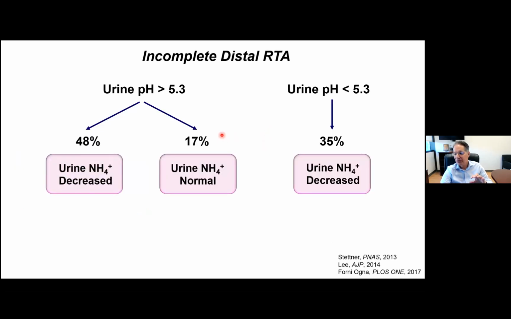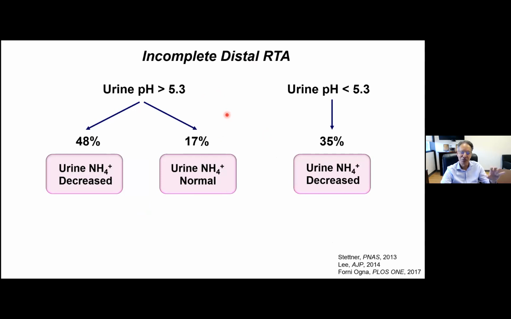Now it's known that we can divide these patients up further in a more complex way. So when you think of incomplete distal RTA, which again are patients with normal acid-base status, remember, you're not exonerating their collecting duct acidification processes. They still may have an abnormality, and the only way you can see that is to stress the system.